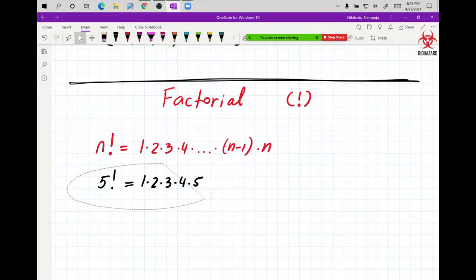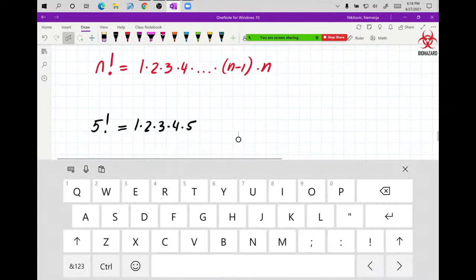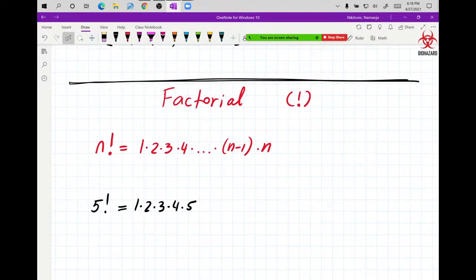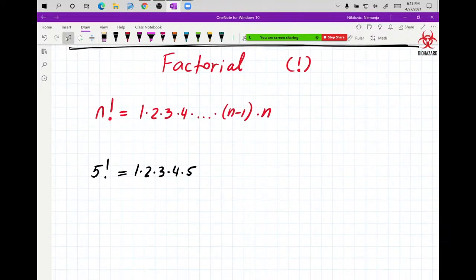So 5 factorial is simply multiplying all of the integer values from 1 up to the number that is in the factorial. Now, this will be used a lot. This will be used in Calc 2 a lot as well, and you will see it again in discrete mathematics.